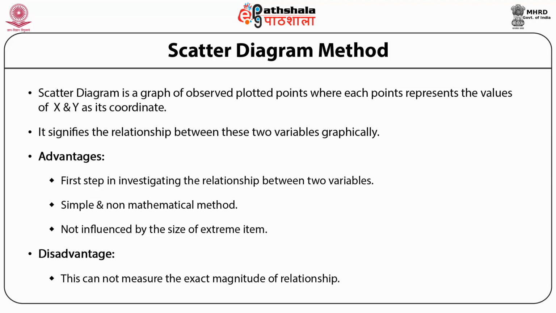When these data sets are plotted on a graph, we get some scattered points on the graph paper. Every scattered point signifies one unique value of variable x and one value of variable y.